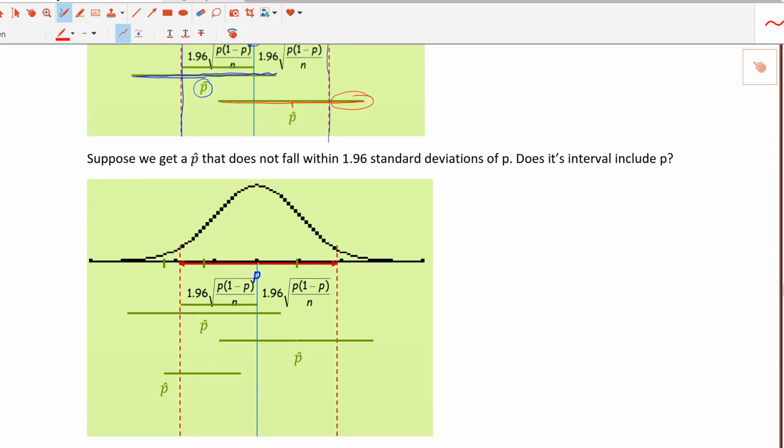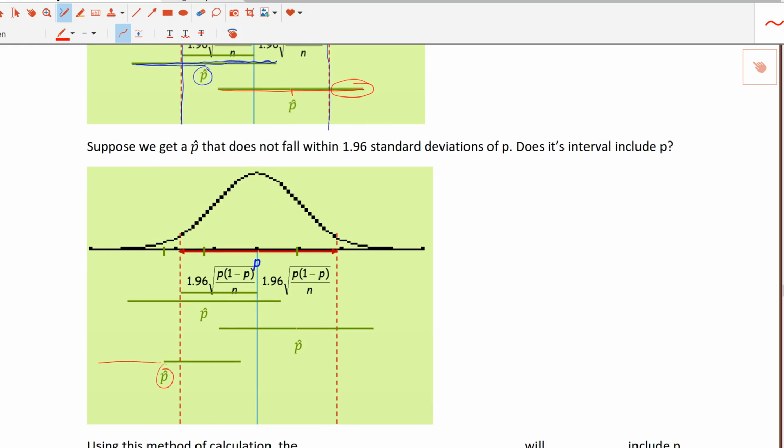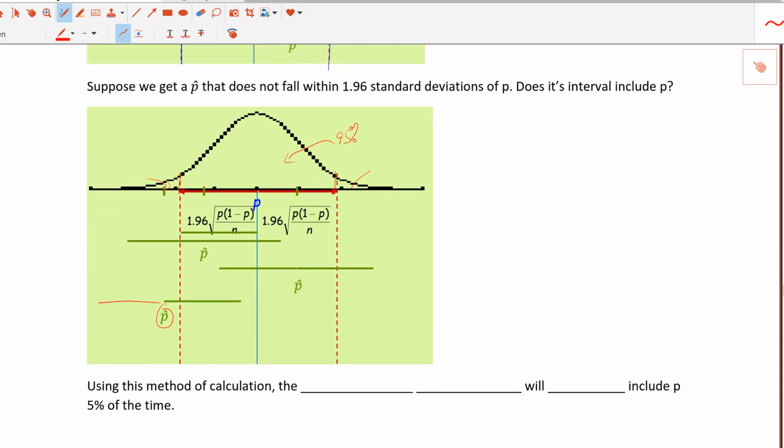Okay, so suppose we get a p hat that actually lies out here, because we could get a p hat that is not in this margin of error at all. And since we have 95% of all of the data points falling in here, 5% could fall outside of that interval.